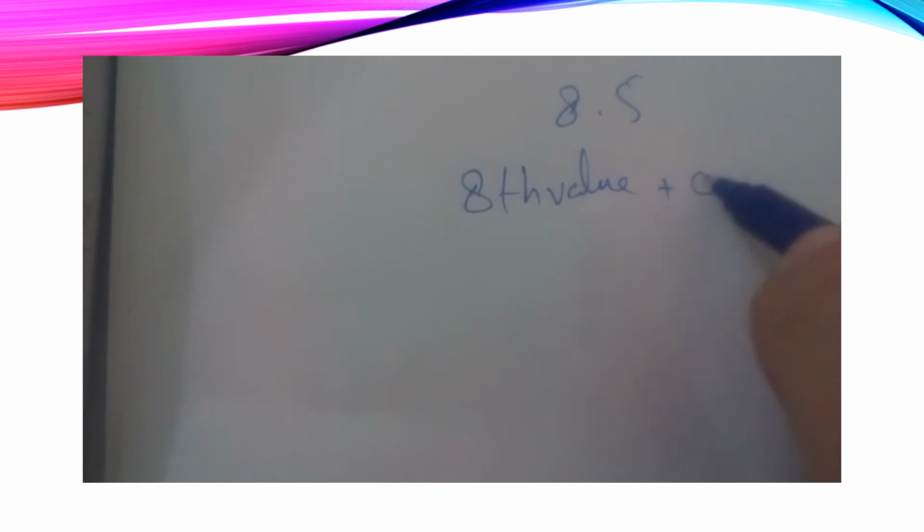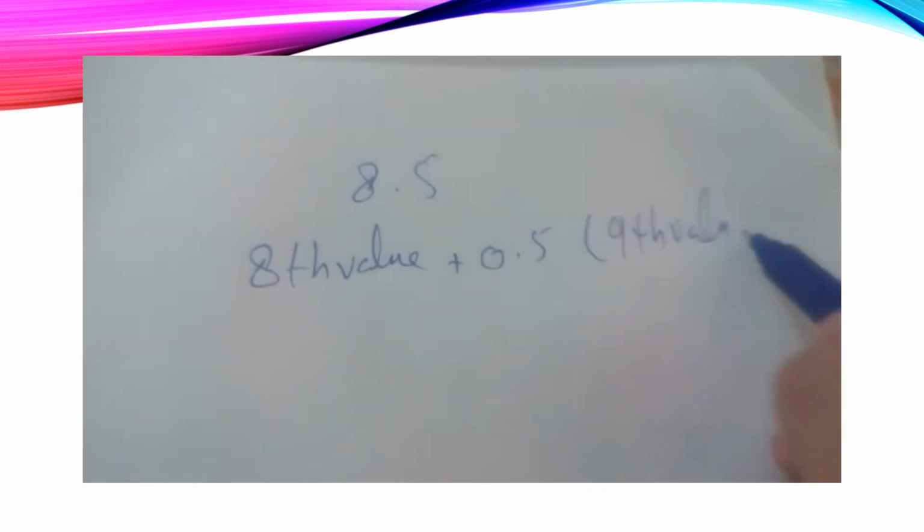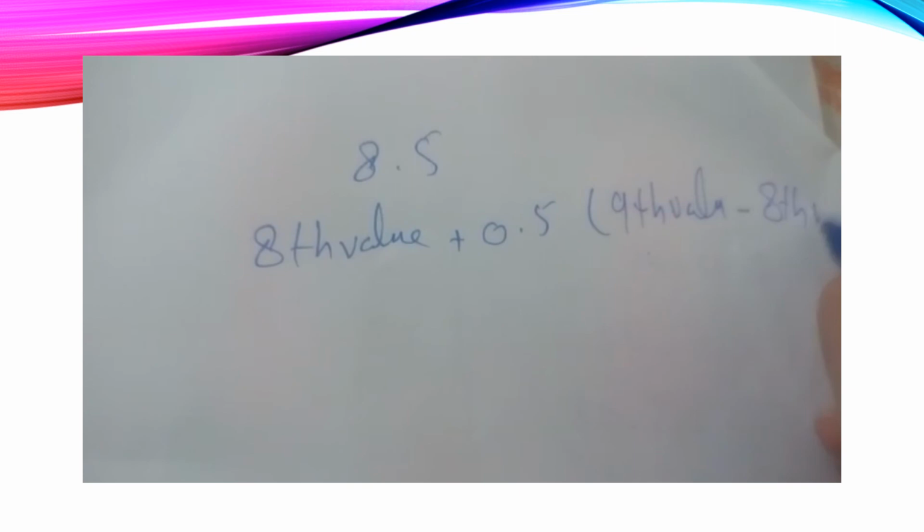Because the position of the median is 8.5, we do the next step: 8th value plus 0.5 times the 9th value minus the 8th value.